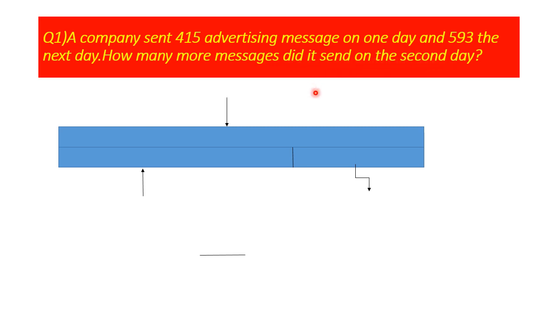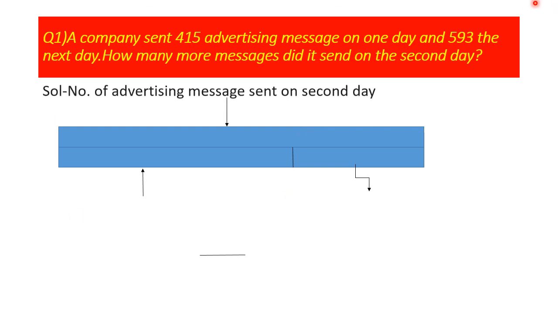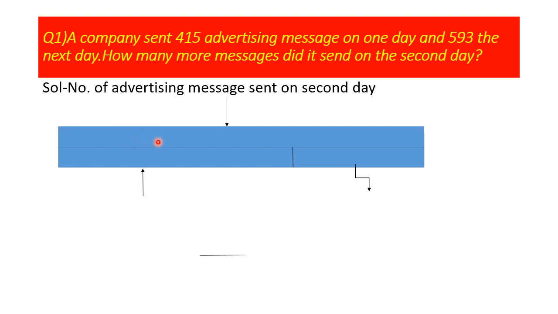So let's see how we can solve this by using the bar models. Now, first of all children, we have to make a bar model like this, but this model is not going to be the same for all the questions. Okay, this will vary according to the question or whatever is being asked in the question.